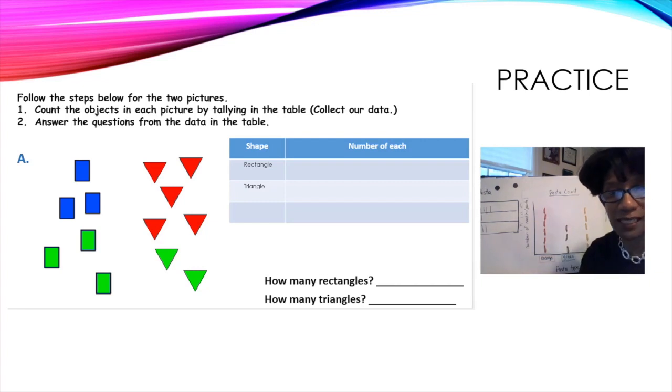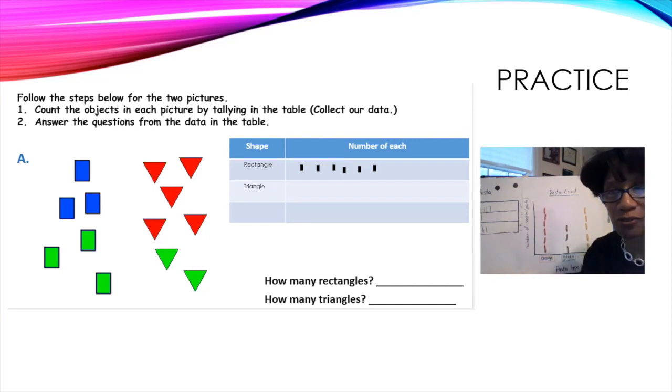So here we go. Let's see. We have 1, 2, 3, 4, 5, 6. We have 6 rectangles. So we have 6 marks in our table for our 6 rectangles that are in our picture.